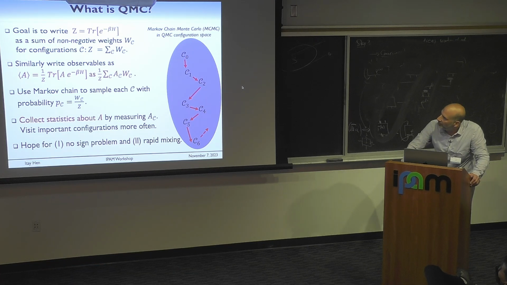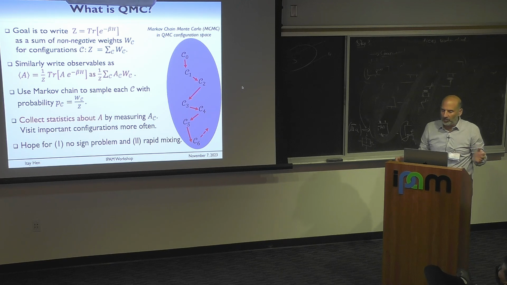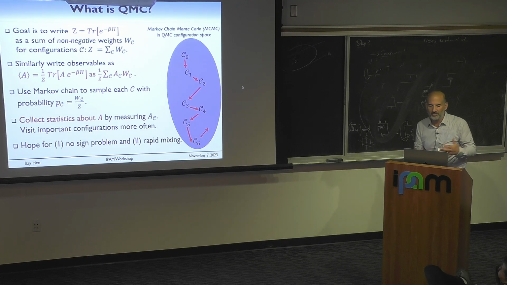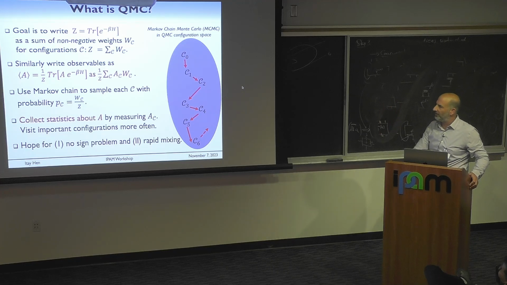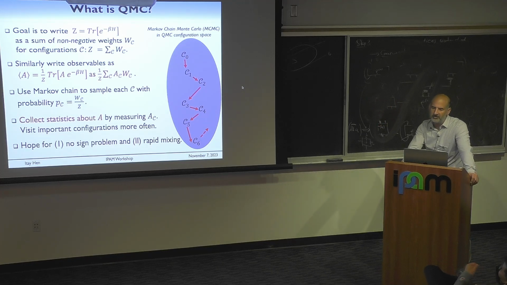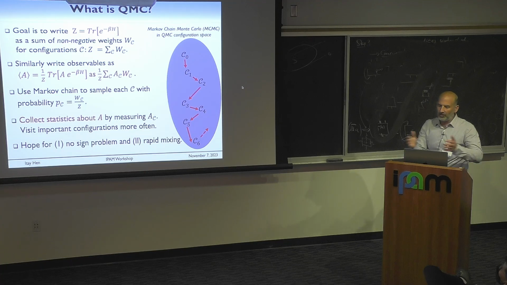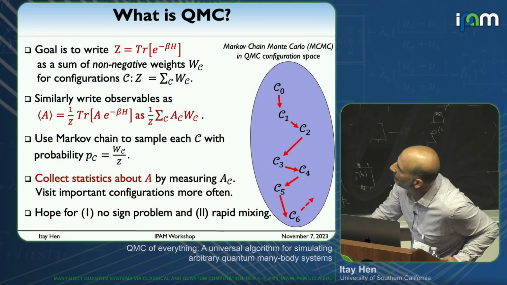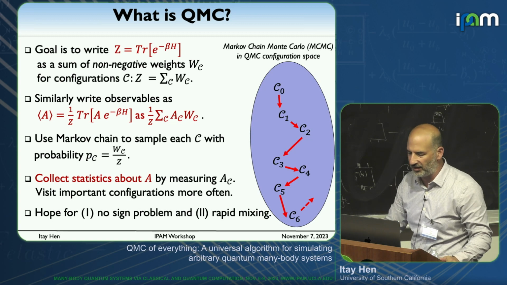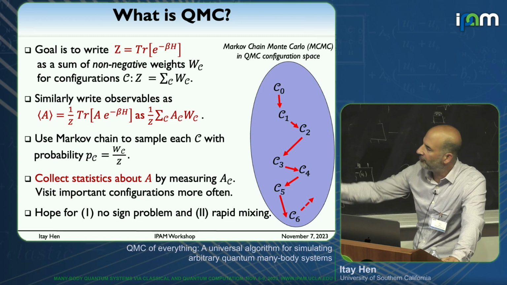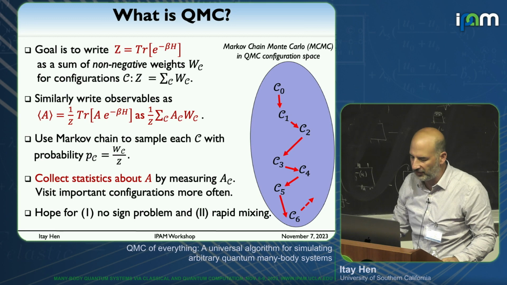So when we have an operator, what we also want to do is to write that expectation value, the trace of this operator times the thermal density matrix e to the minus beta h, also as a sum of terms. And then QMC basically tells you, you just apply a Markov chain, jump from one configuration to the next.